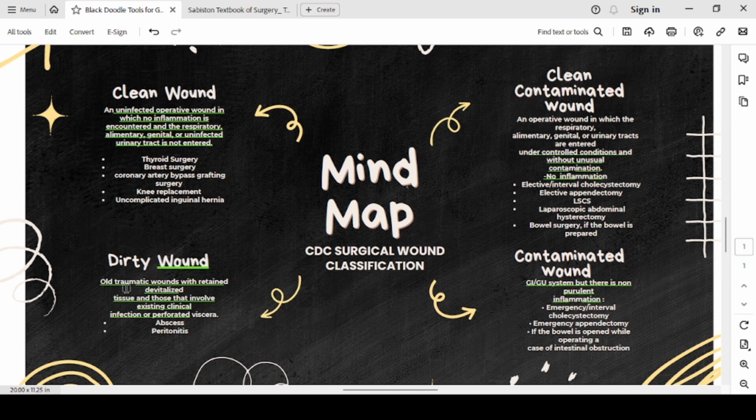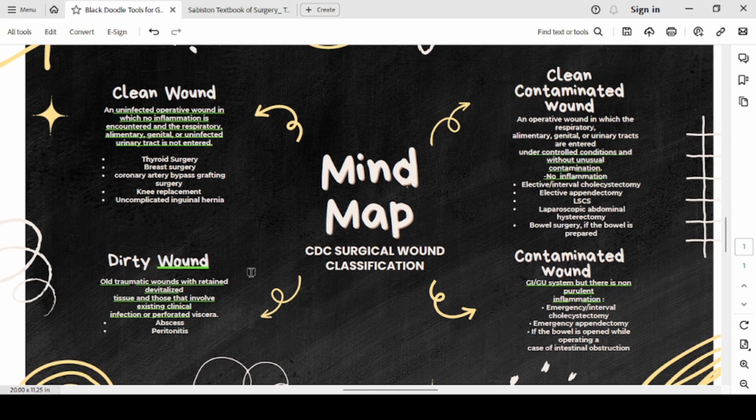So any neglected traumatic wound greater than 6 hours classifies as a dirty wound. The 6 hours is called the golden period for a traumatic wound. After the 6 hours, a traumatic wound becomes a dirty wound. So this is the golden period. Now what are the other examples of dirty wound? An abscess, a peritonitis, fecal contamination, all of this comes under dirty wound.